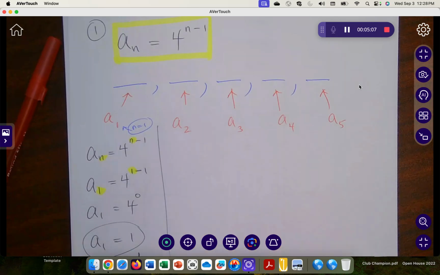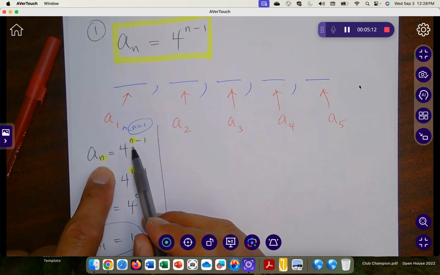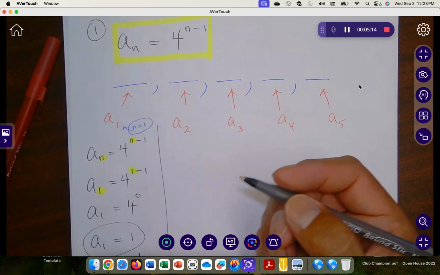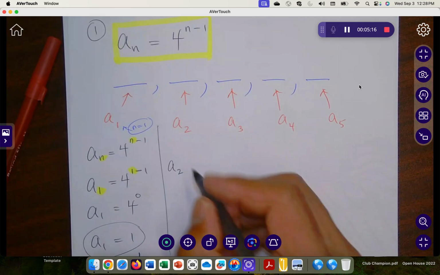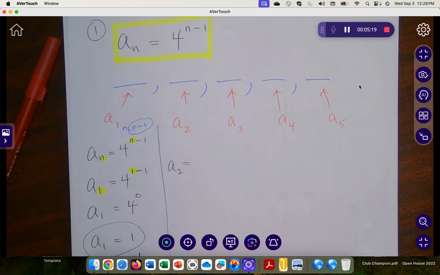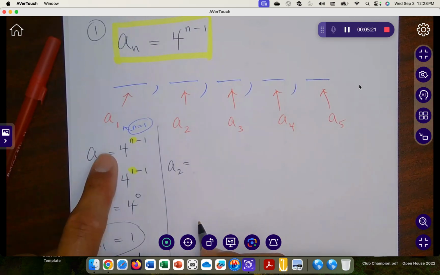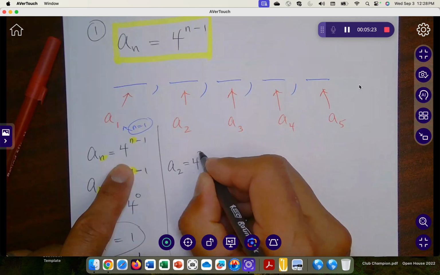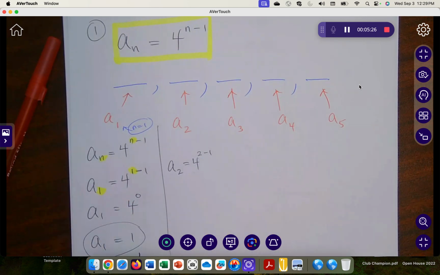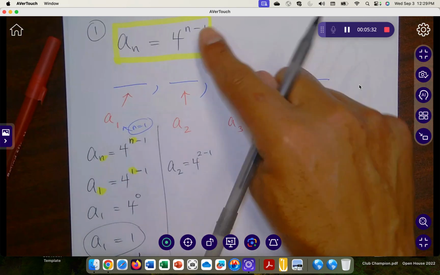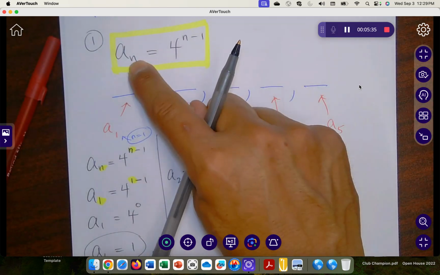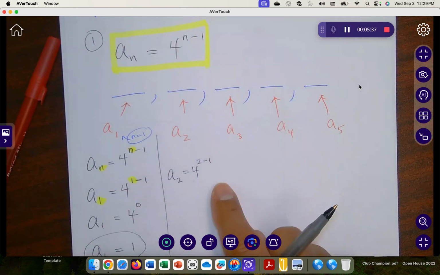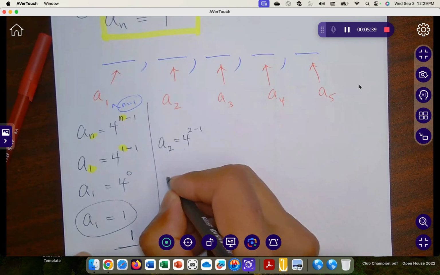The next one. Using this same formula, everywhere you see an n, you put a 2. Subscript 2 means the second term, right? Is 4 to the power of 2 take away 1. This is the formula up here. Now we're putting a 2 here and a 2 here. That's the second term.